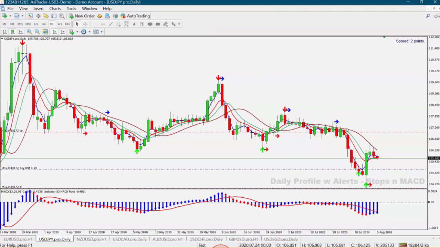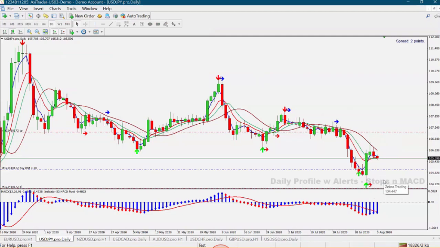We can see here that here is the 1, 2, 3 reversal up here. So if price came up and broke this level, we anticipate that it would continue to go higher. Down here, if price breaks this level, is the 1, 2, 3 reversal on the downside.